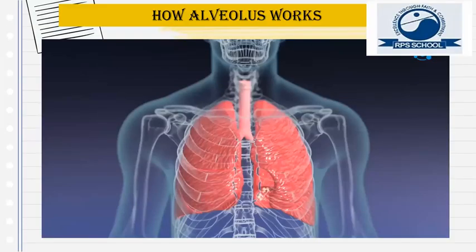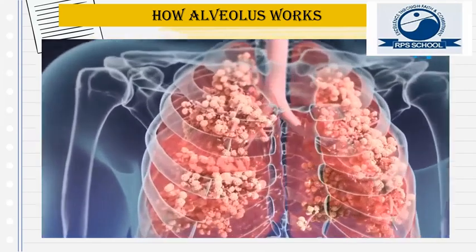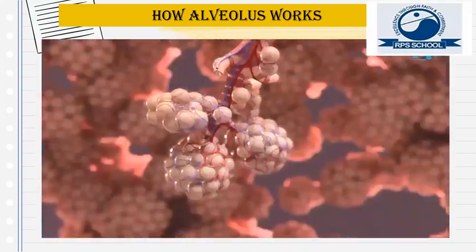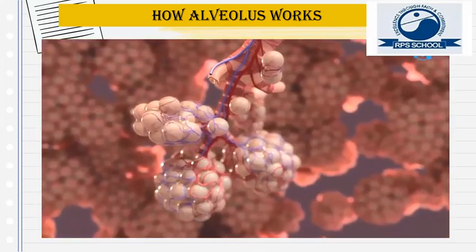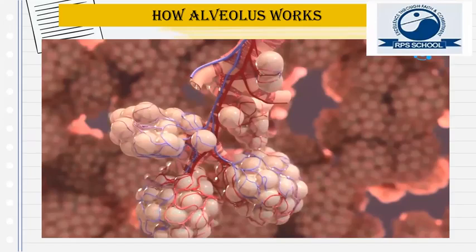Now students, let's discuss about alveoli. Exchange of gases between alveoli and blood capillaries. Students, if you remember, each lung has millions of alveoli which get filled with air when we inhale.